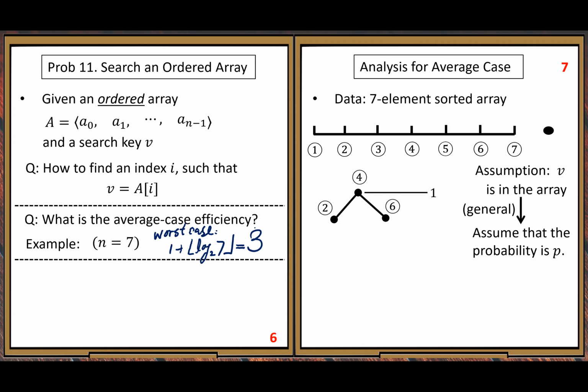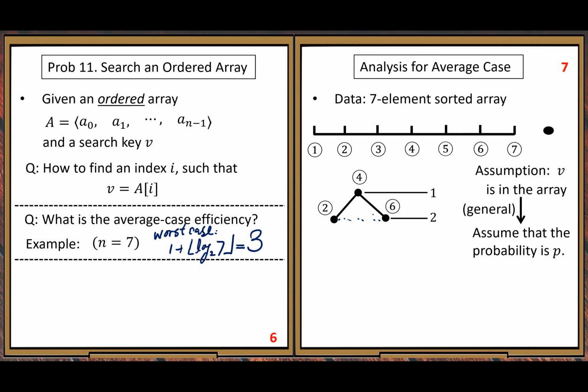Similarly, the element at position 6 should be at the root of the right branch, because that's the one we compare second. So for these two elements, we need 2 comparisons to get a match.